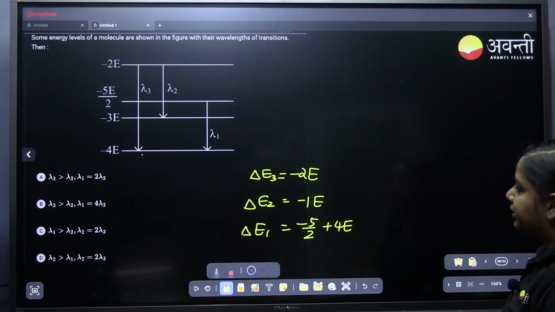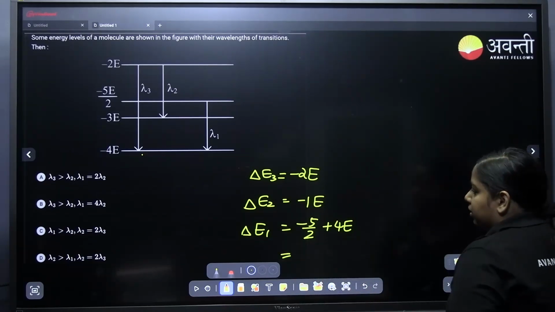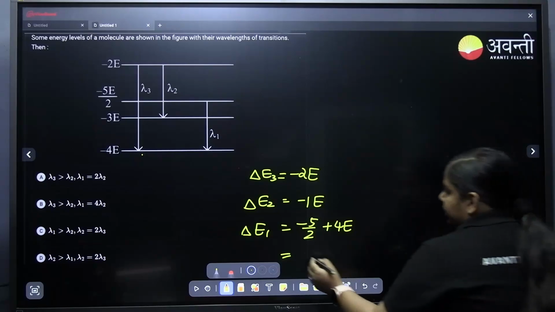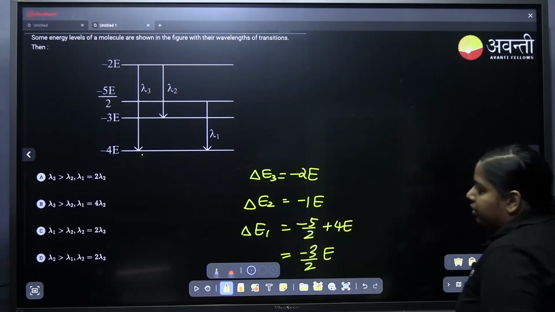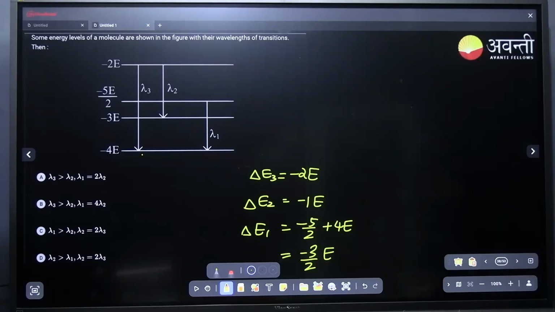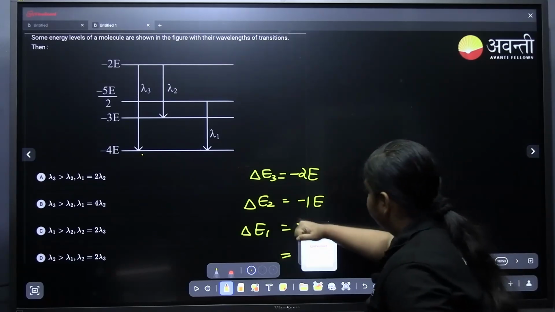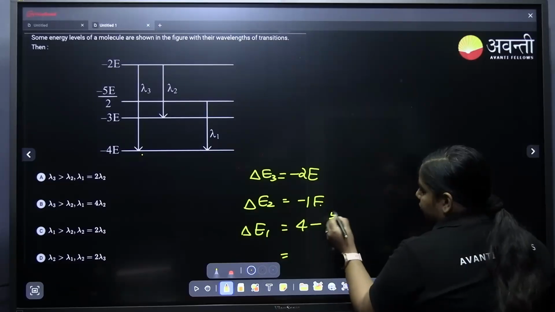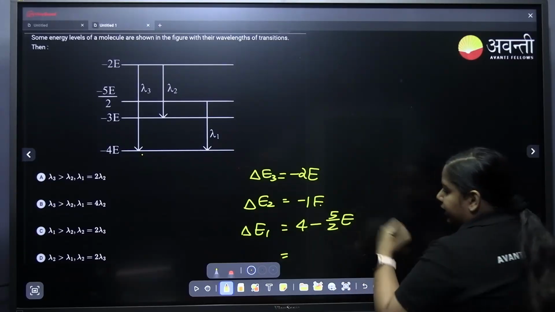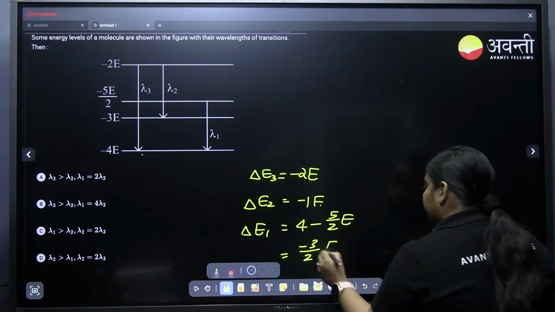What will be the difference? Actually this will be 4 minus 5 by 2 E, like this it will come. So minus 3 by 2 E.